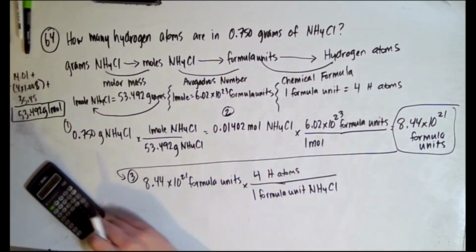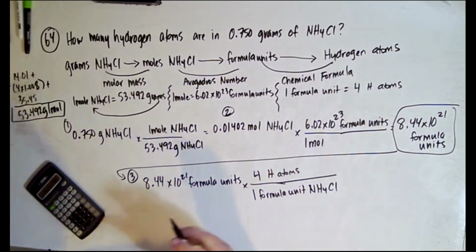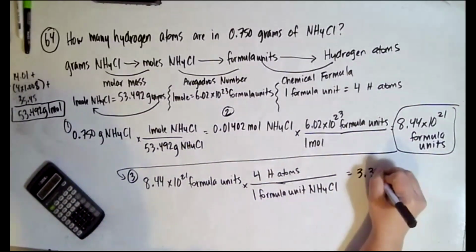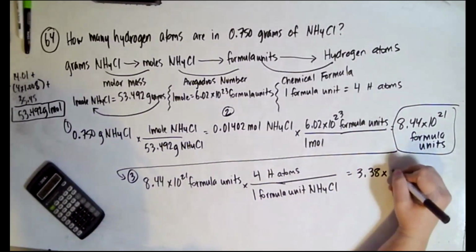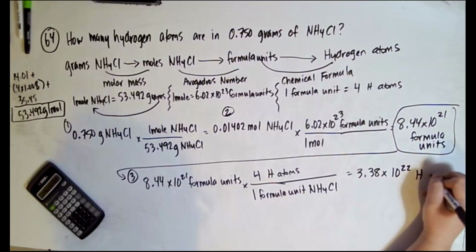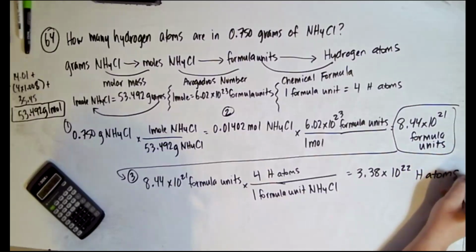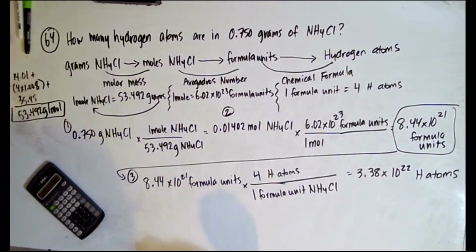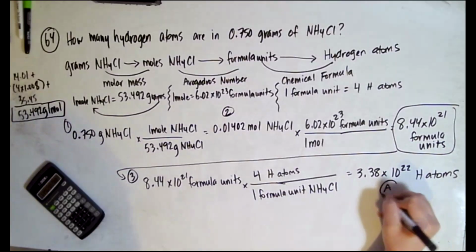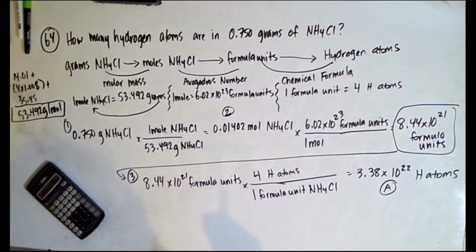So we can take our number of formula units and multiply it by 4. Okay, so we're going to end up with 3.38 times 10 to the 22 hydrogen atoms, which is going to be choice A.